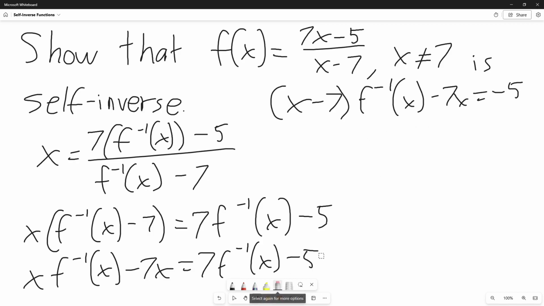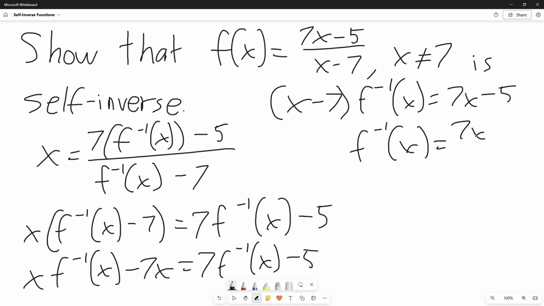And then you can move the 7x over to the right side, and you get 7x minus 5. And now you divide both sides by x minus 7 to isolate the inverse. So f inverse of x equals 7x minus 5 all over x minus 7, which is f of x.